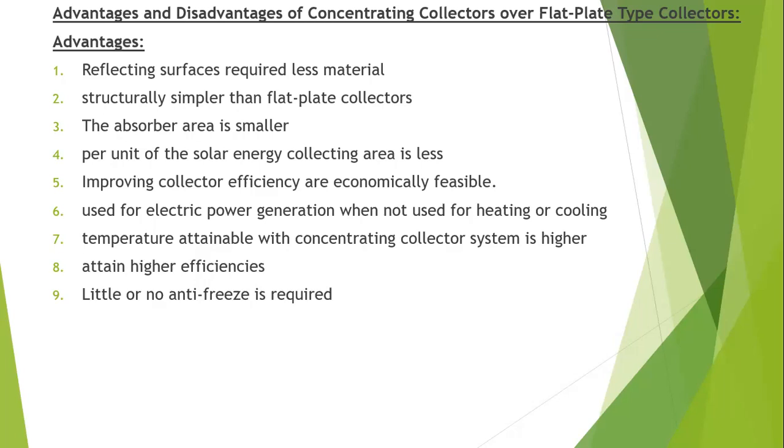When the sunlight is dull, we have to turn off the flat plate collectors, but that is not the case with concentrating collectors. Whatever the solar radiation is, we can continue to work with the concentrating collectors. So overall, per annum, the concentrating collectors' working hours are more than the flat plate collectors.